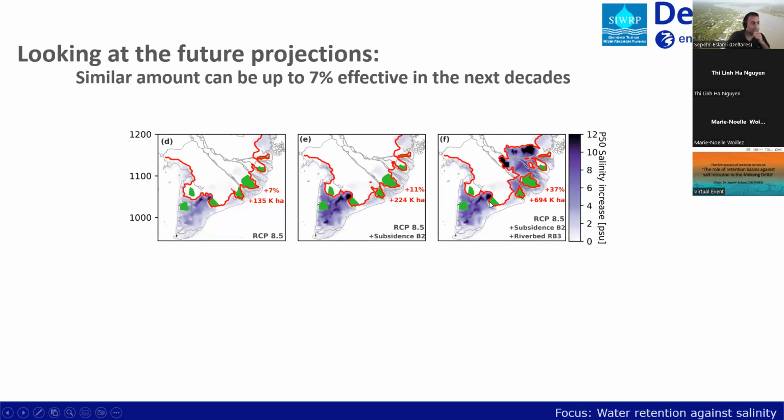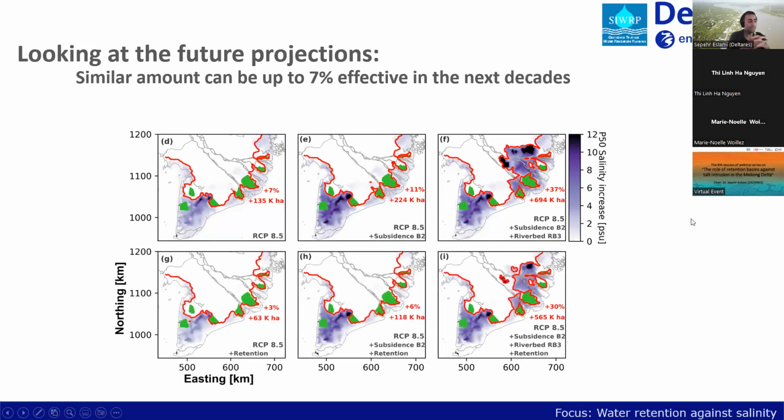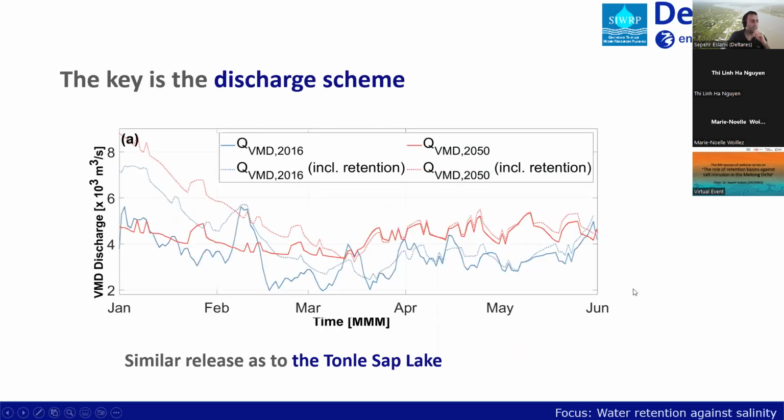These are the increasing trends of salinity that we can expect. And if we have that kind of storage, we could see significantly lower, as much as up to 7% lower, salt intrusion in the next 3 decades. So in theory, this can play an important role in limiting salt intrusion.